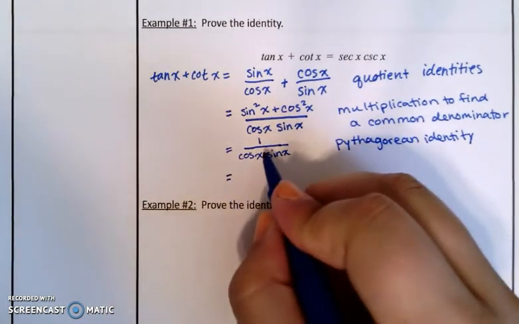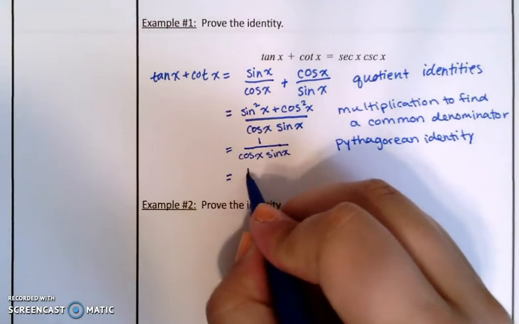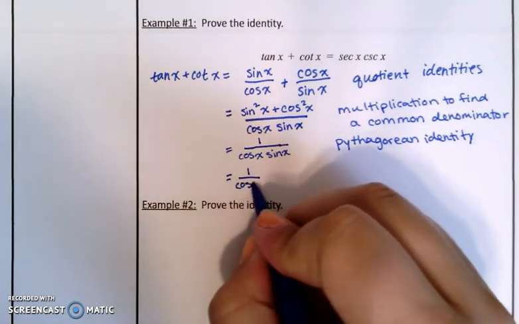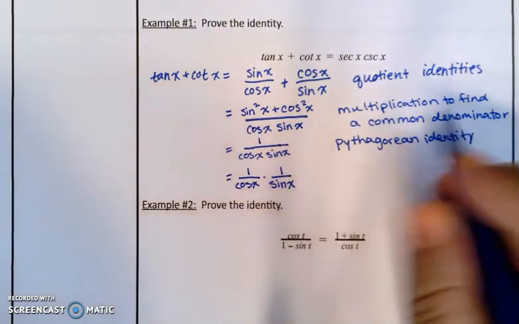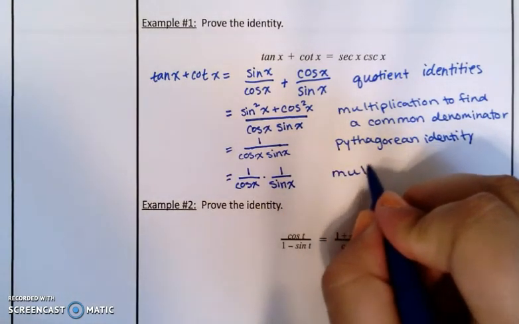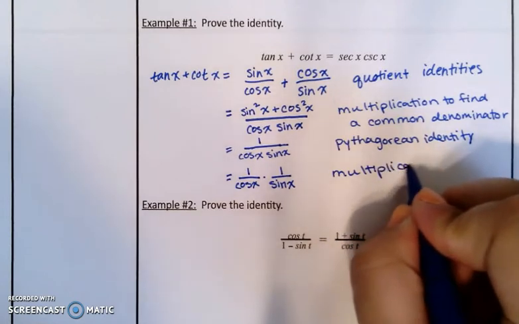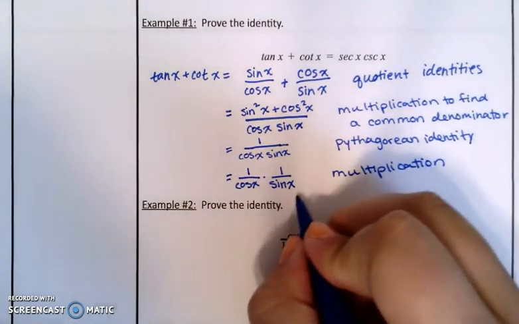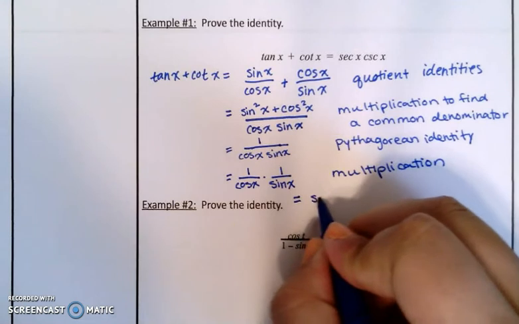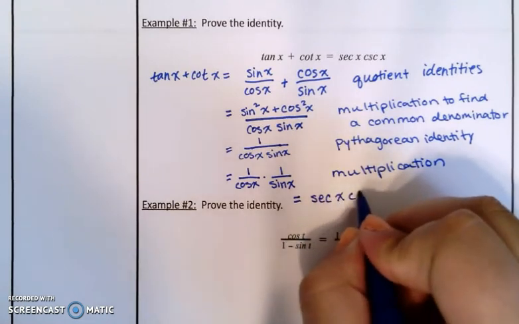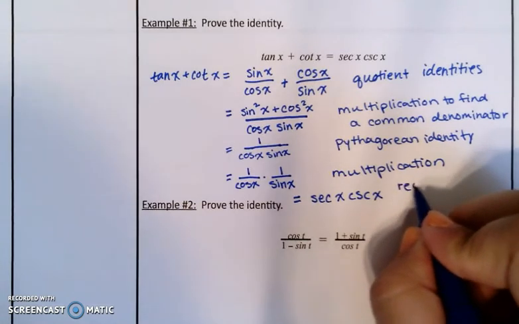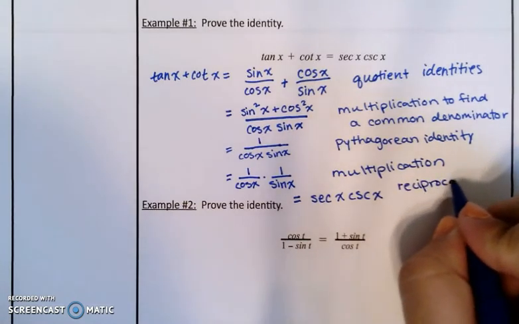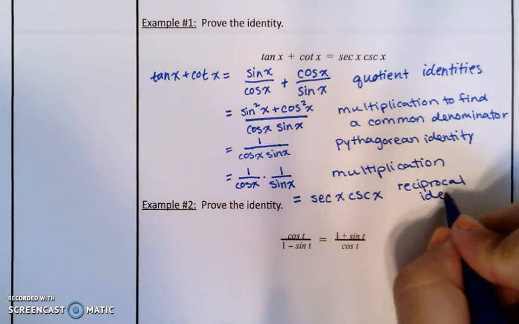And then this is just multiplication, so I could say this is 1 over cosine of x times 1 over sine of x by multiplication, which equals secant of x times cosecant of x by the reciprocal identity.